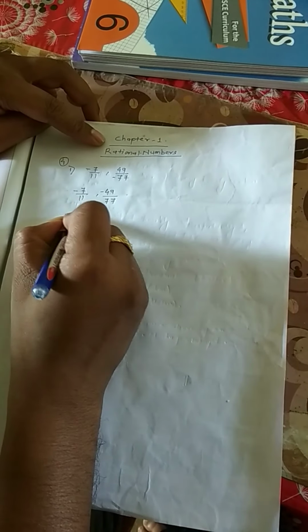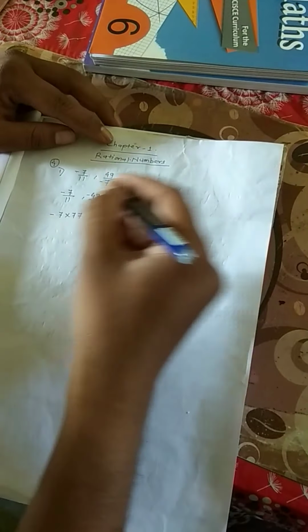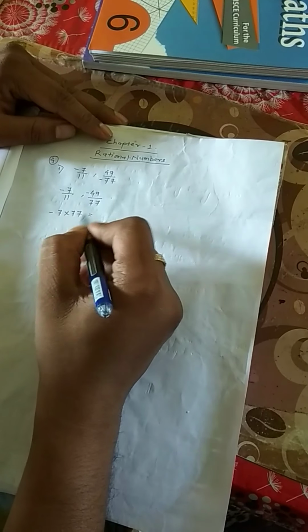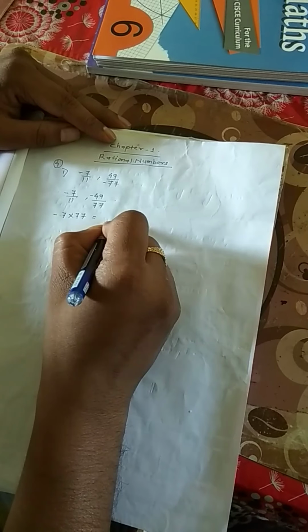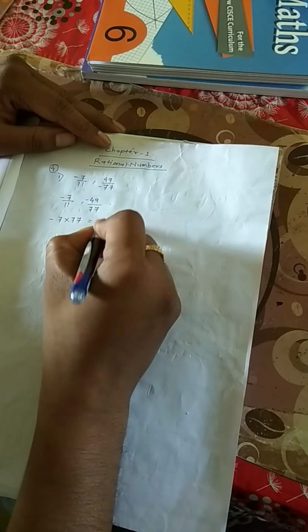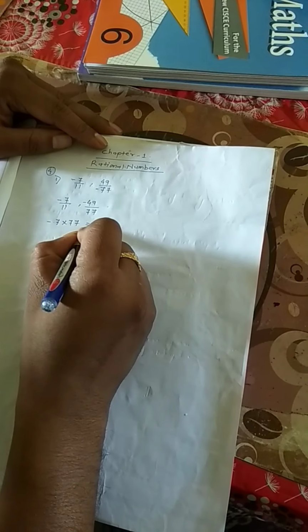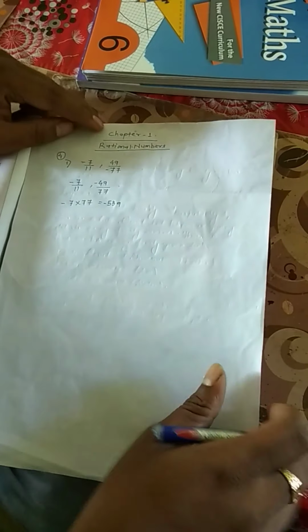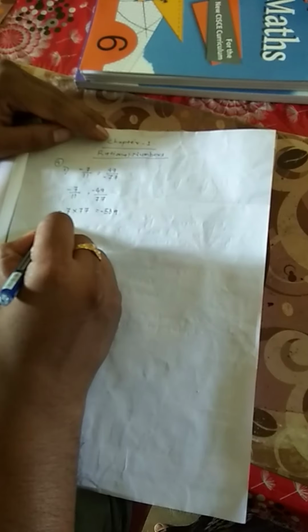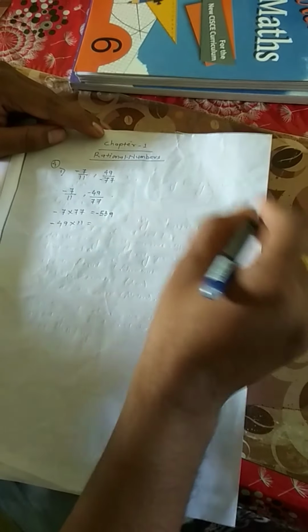So let's do minus 7 into 77. You can do rough work or multiply mentally. 7 7s are 49, carrying 4; 7 7s are 49 and 4 is 53. Since we have a minus sign, we put a minus sign, so it is minus 539. Next is minus 49 into 11.